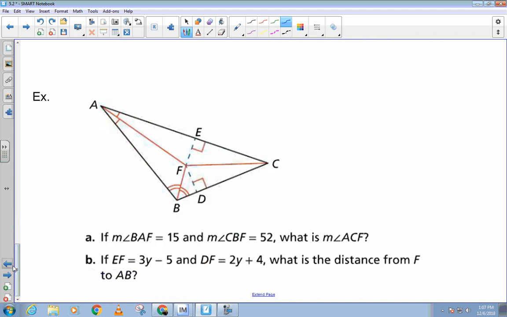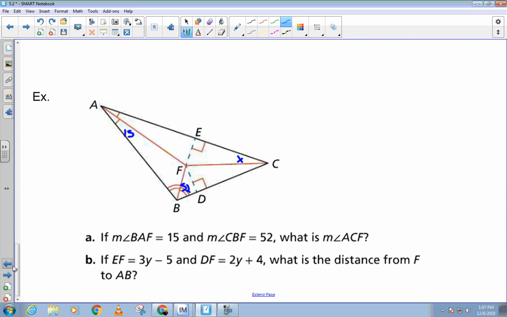Last set of questions here. Some of these are similar to what we did a while ago. If the measure of angle BAF is 15, and CBF is 52, what is ACF? ACF is what I'm wanting right here.